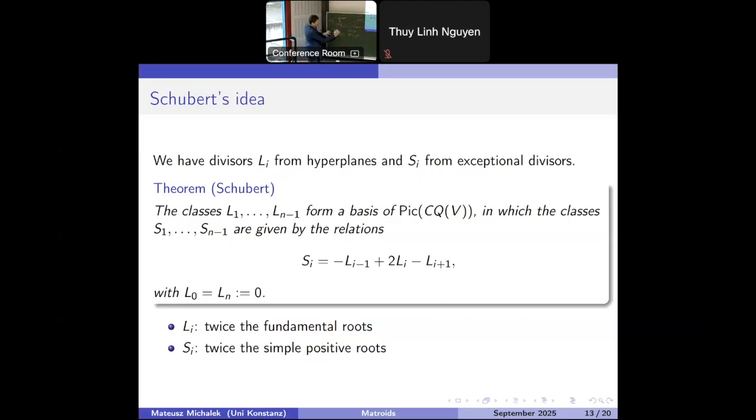So if you go with t to 0, you will land at V. If you go with t to infinity, this is like making this 0, you will get to V dual. But you will have problems where A is not of full rank. So we have those Grassmannians G(i,V) for every i. They are C star fixed. And there will also be shorter orbits.